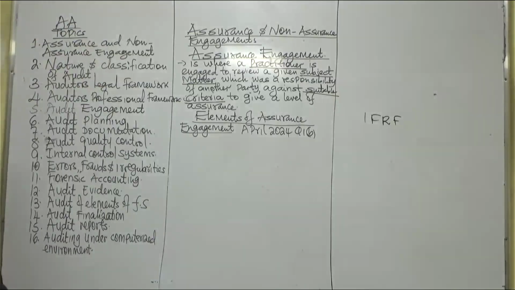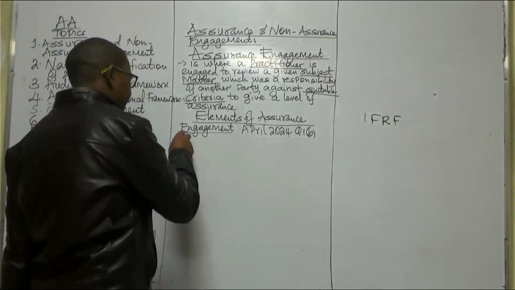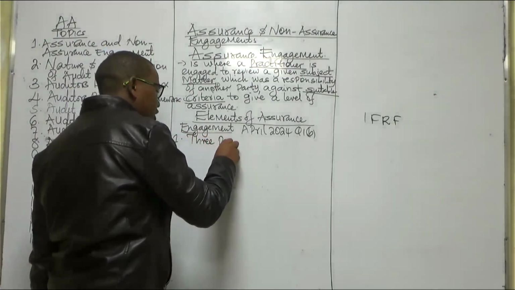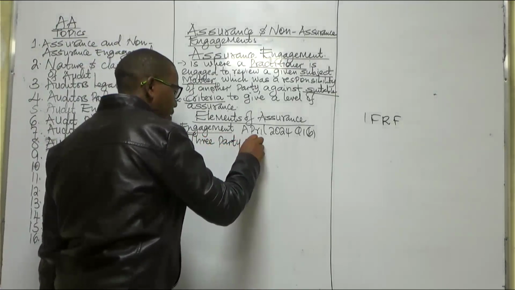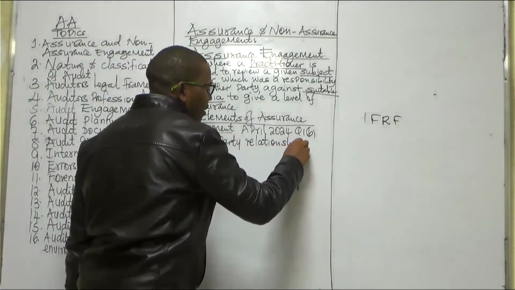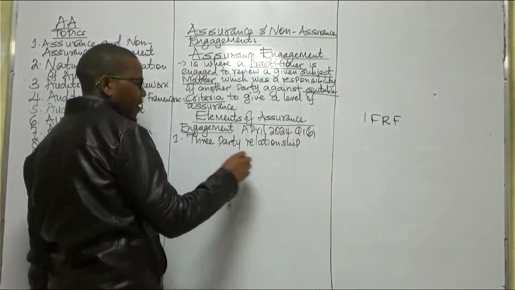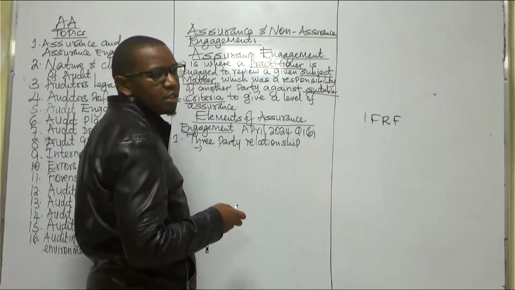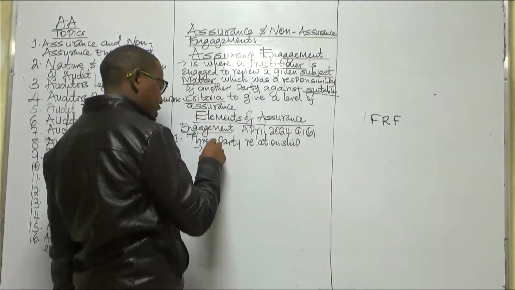The element of assurance engagement number 1 is what we call a 3-party relationship. There are 3 parties in an assurance engagement.